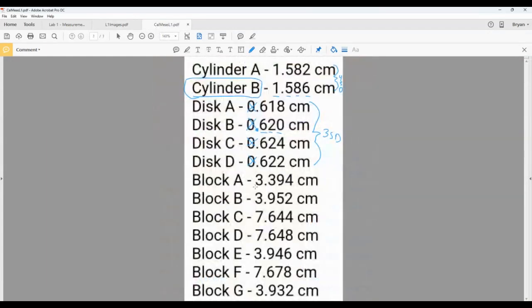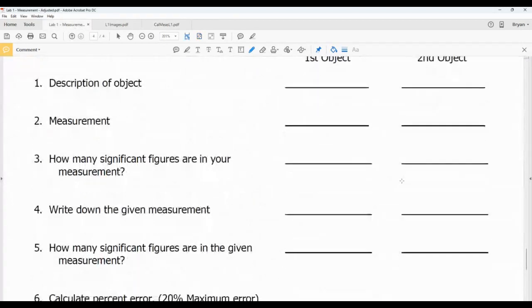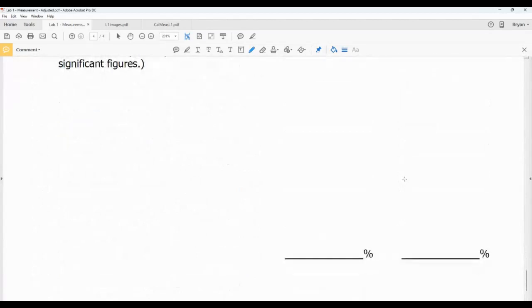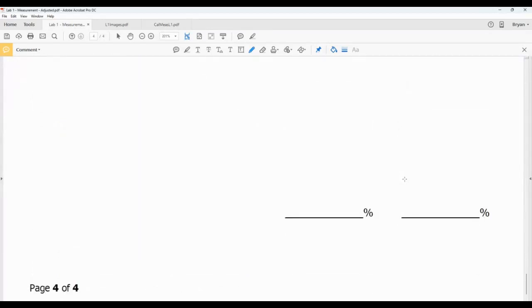And so if we were looking for the 4th disk, I think there's a pretty obvious name that can go along with that one. Okay, but then from there, you take over, you do the same steps that we did in the other set, eventually culminating in finding another percent error, which hopefully isn't too bad, and then the lab should be complete.